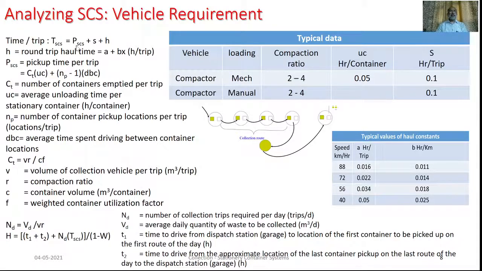As we discussed on the previous slide, this time per trip can be expressed as TSCS, and it will be the sum of pickup time per trip, at site time, and hauling time.